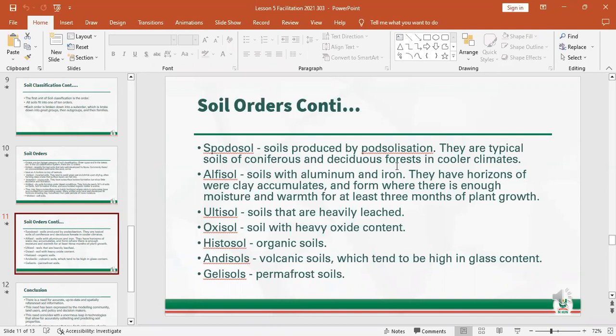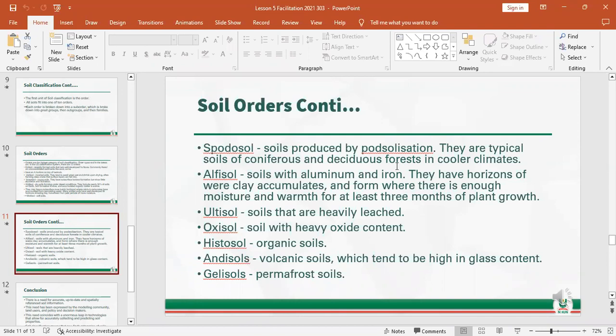In addition to that, we have Oxisols. Of course, Oxisols are soils that are heavily leached. Most of the soils, especially in southeastern Nigeria, can be best classified as Oxisols. These are soils that have experienced an extreme stage of weathering, two extremes of weather conditions.